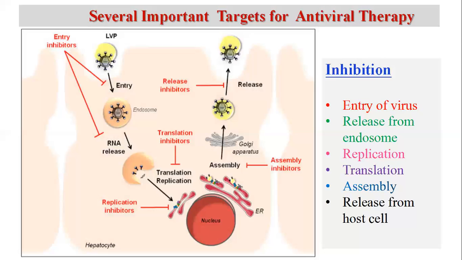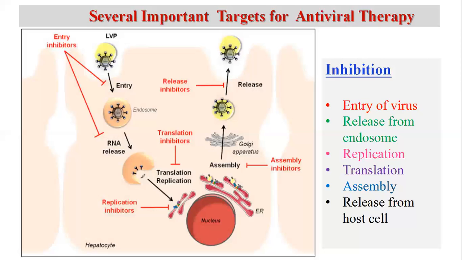So here, through this picture, I want to tell you what are the target sites that we can focus on to target the virus particle, to inhibit the entry of the virus particle.